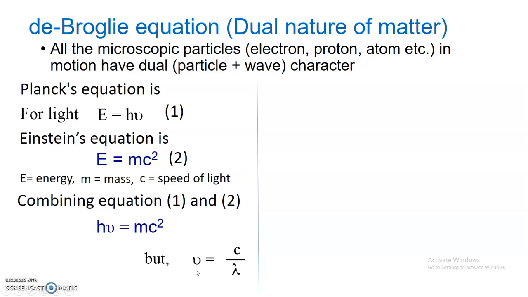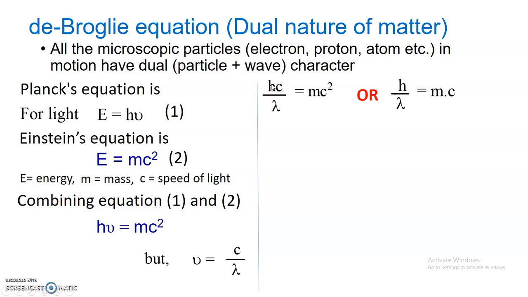But we know that frequency is the ratio of velocity of light to wavelength. So nu is equal to c upon lambda. Substitute this value of nu by c upon lambda, then we get hc upon lambda is equal to mc square. By rearranging these terms, we get h upon lambda equal to m into c, or actually not, these two terms are exchanged, only this c is cancelled.